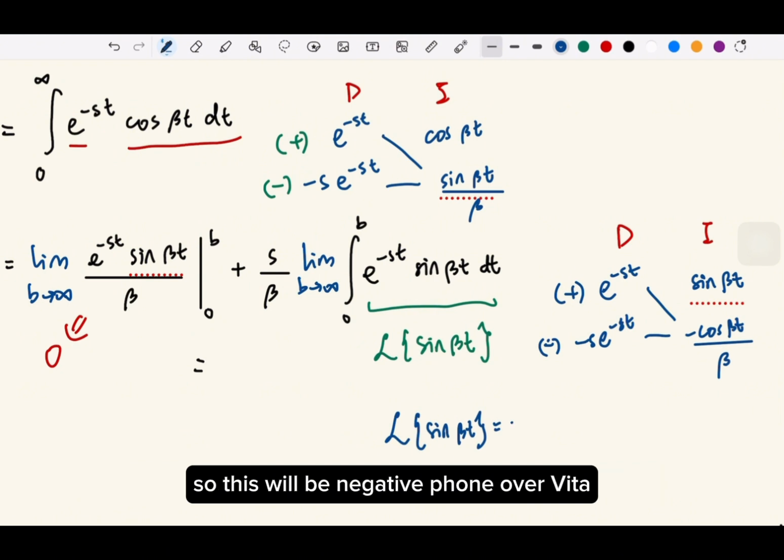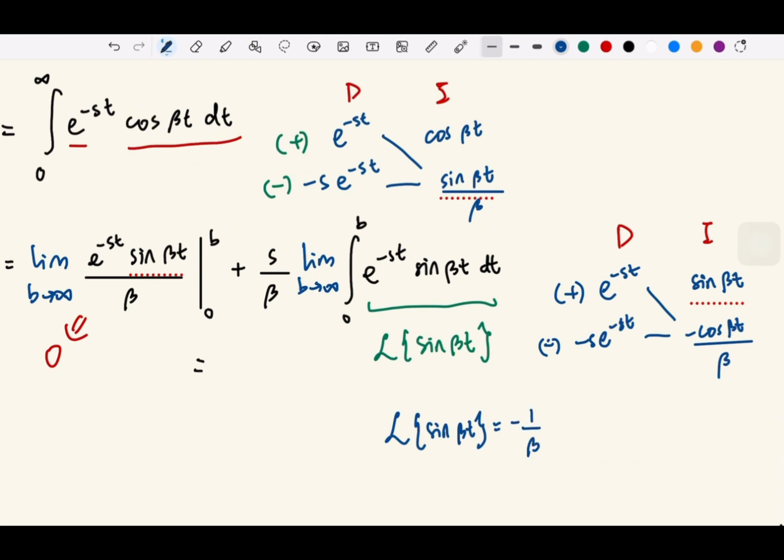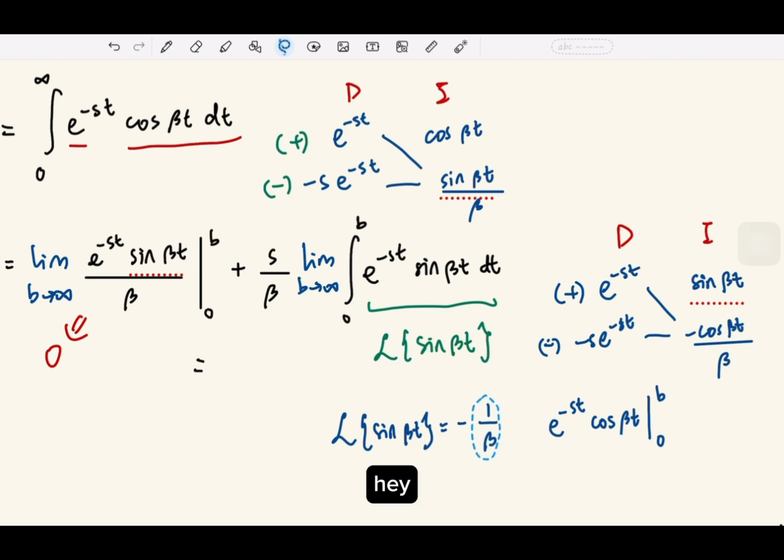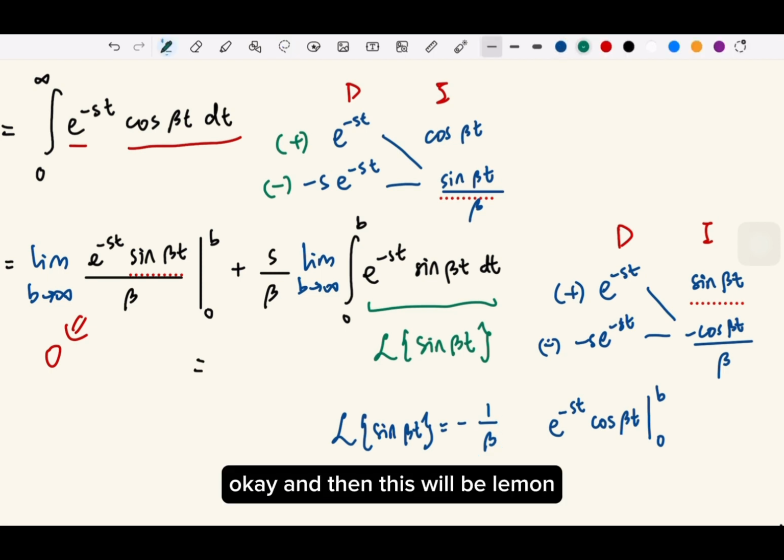So this will be negative 1 over beta, and then this will be the limit.